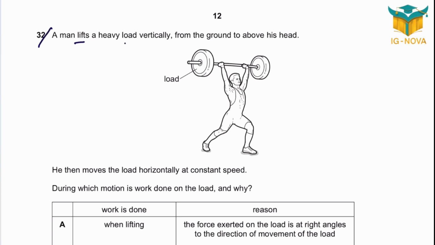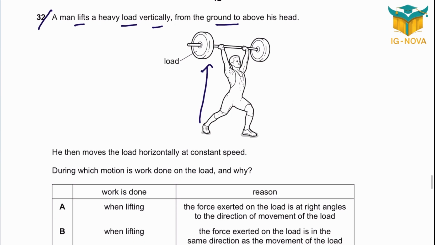Question 32. A man lifts a heavy load vertically from the ground to above his head. He then moves the load horizontally at a constant speed. During which motion is work done on the load and why? In which motion is work done on the load, it must be from down to top. So it must be when lifting, not when moving horizontally.